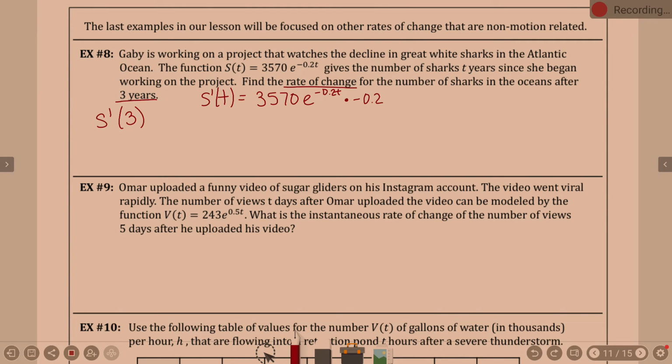Not that you really have to, but if you clean it up, negative 2 tenths can multiply by that coefficient, so it can multiply by 3570. So negative 714 e to the negative 2 tenths t. And then we want to know the rate of change after 3 years. So S prime of 3, that is fully a calculator problem at that point, right? You do that.